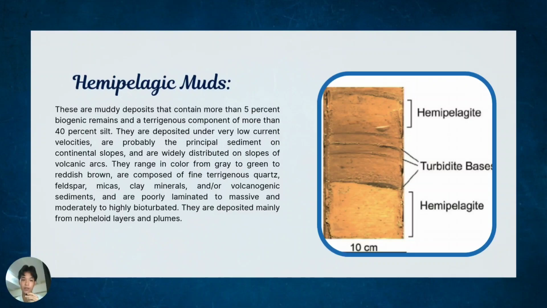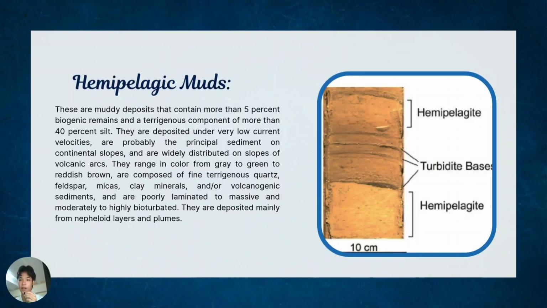They range in color from gray to green to reddish brown, and are composed of fine terrigenous quartz, feldspar, micas, clay minerals, and/or volcanic sediments. They are poorly laminated to massive and moderately to highly bioturbated. They are deposits mainly from nepheloid layers and plumes.